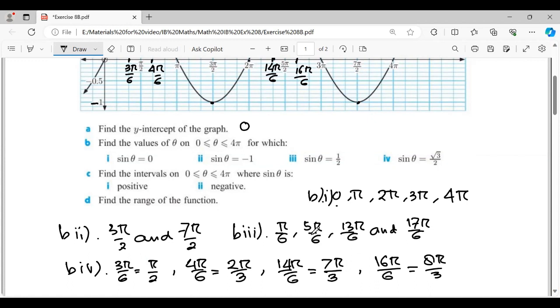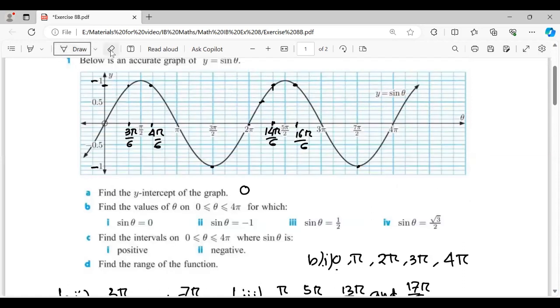C. Find the intervals of theta, greater than or equal to 0, less than or equal to 4 pi, where sine theta is positive. We're going to look at this graph.